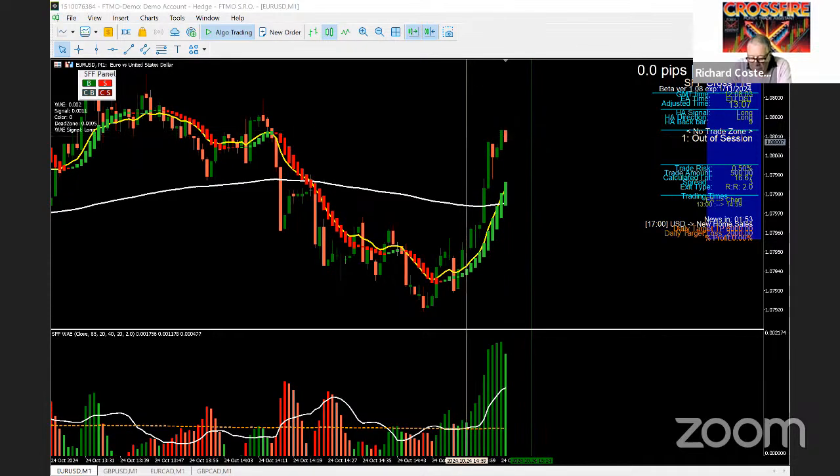That should be showing us 1500. There is a 2-hour difference between my broker and myself, so that explains the 2 hours. But that's the 1 o'clock indicator, and this green one here is the 1:15 indicator.